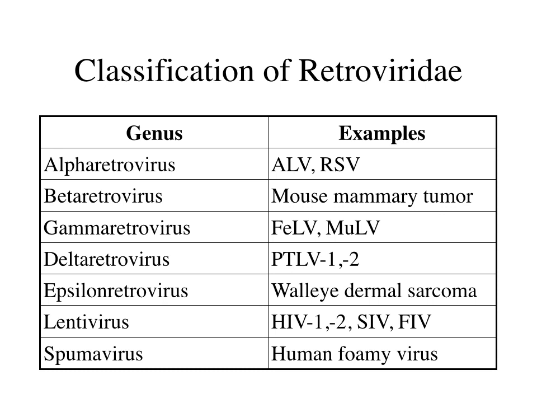With FIV, feline immunodeficiency virus, these infected cats may appear normal for years. However, infection eventually leads to a state of immune deficiency that hinders the cat's ability to protect itself against other infections.